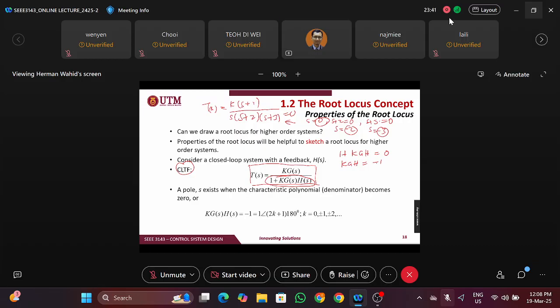So if we plot -1 on the S-plane, where we have the real number and also the imaginary number, -1 is located here on the left side, because it is a real number, not a complex number.